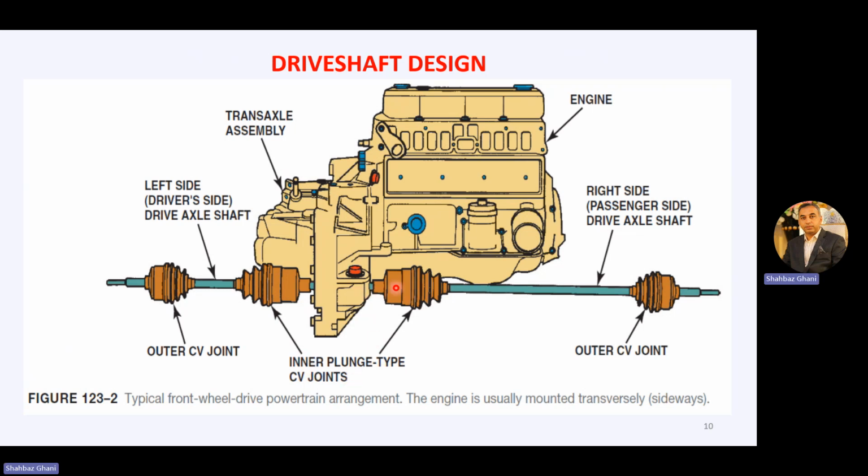The power comes to these, and then we have the right side or left side drive axle shaft, the driver's side drive axle shaft. Then we have outer CV joints on both ends, and then it is attached to the wheel.